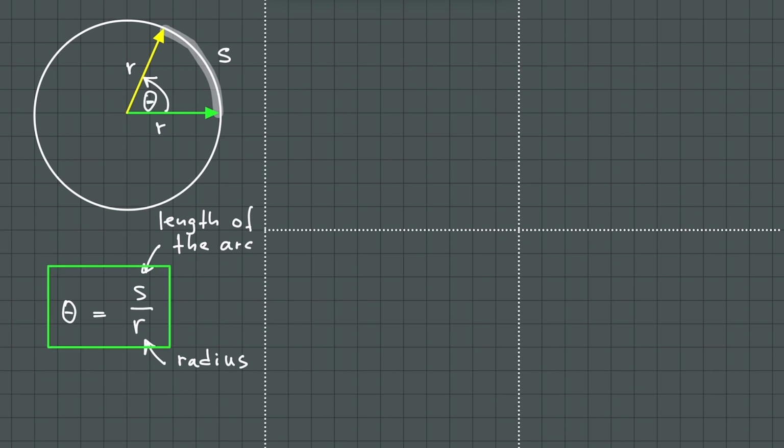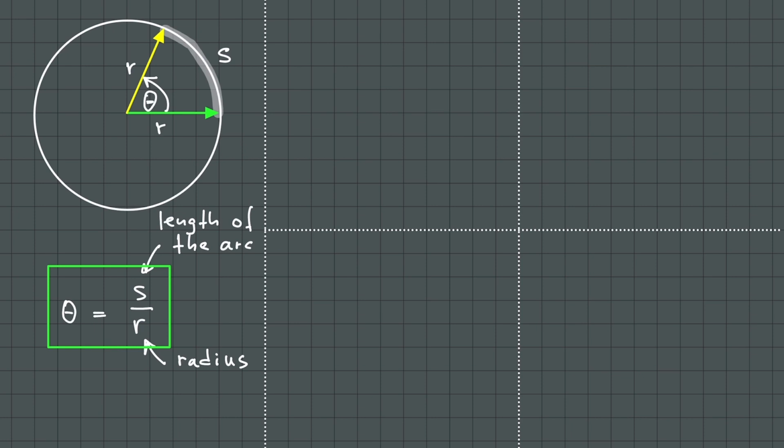Note that S and R must be measured in the same units. And because of that, the quotient has no units. It's simply a real number. In other words, the units cancel each other out when using the formula for radian measure.